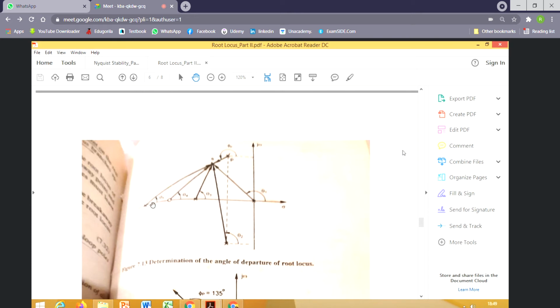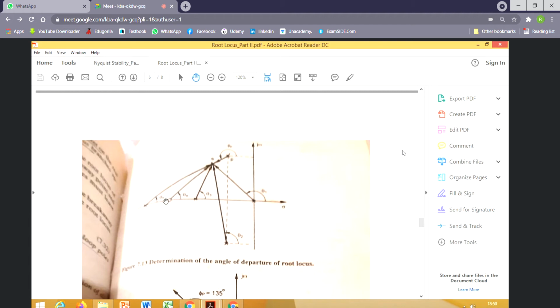Similarly, for the angle of arrival, this root branch will terminate onto this open loop zero as k tends to infinity. So the angle of arrival of this root branch at this real open loop zero will be, what will be the angle? 180 degrees. Right. The angle of arrival is 180 degrees.